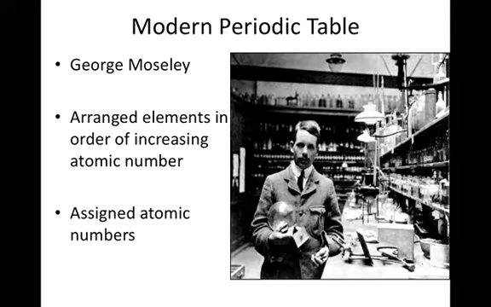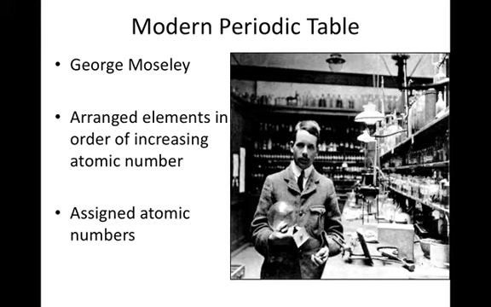Next. Now, the modern periodic table was rearranged because if you look at the atomic masses, as we began to investigate and become more aware of isotopes and the various masses, it got to be a little bit of a headache to try to arrange them. So George Moseley rearranged the periodic table in order of increasing atomic number.